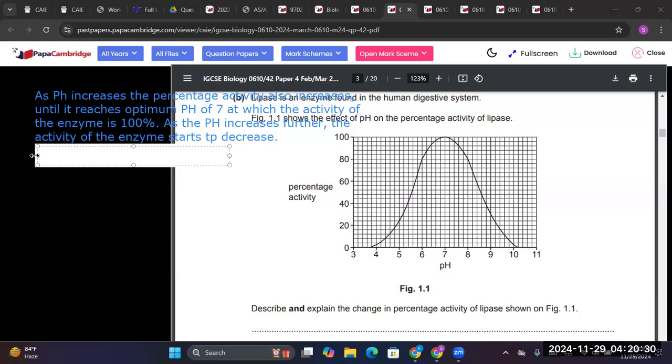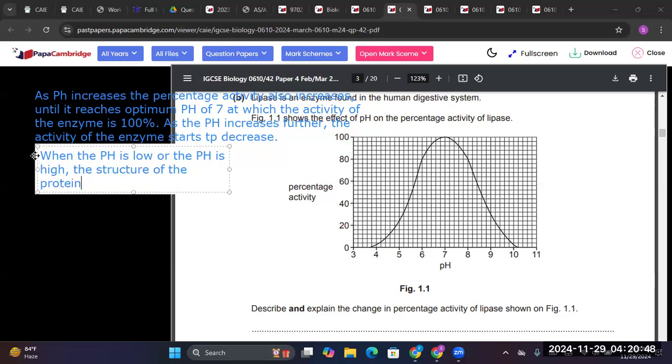So over here, what you're going to say is that when the pH is low or the pH is high, the structure of the protein, or the bonds in the protein, are disrupted.